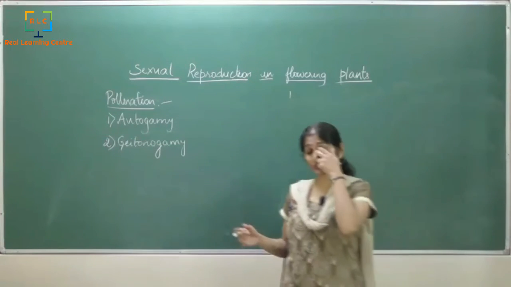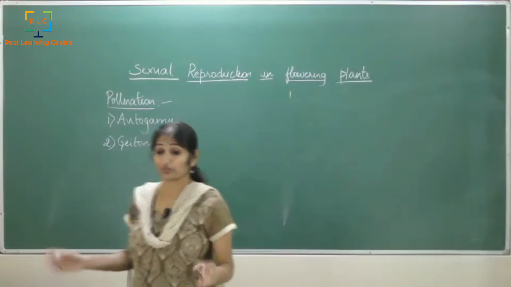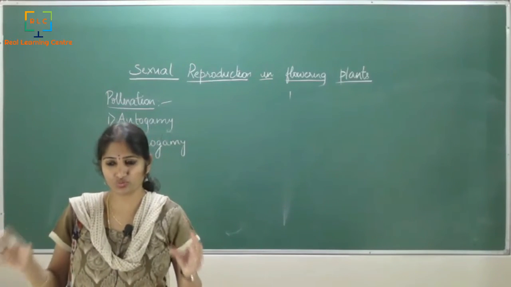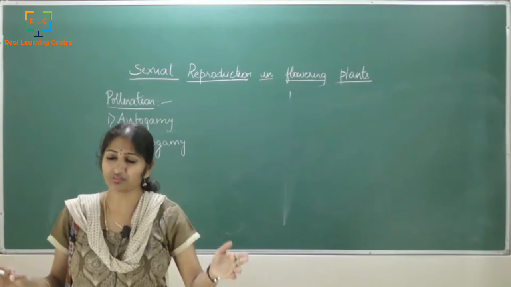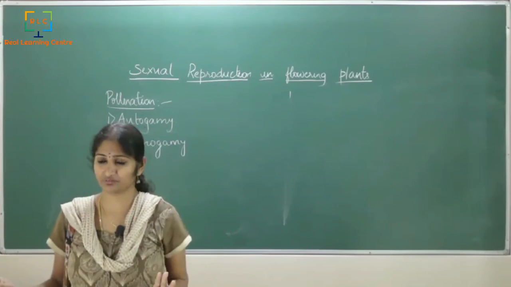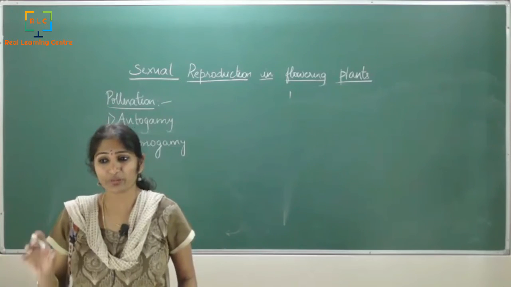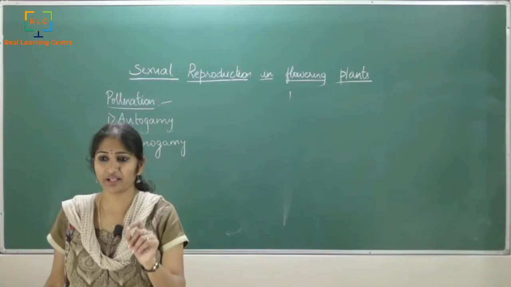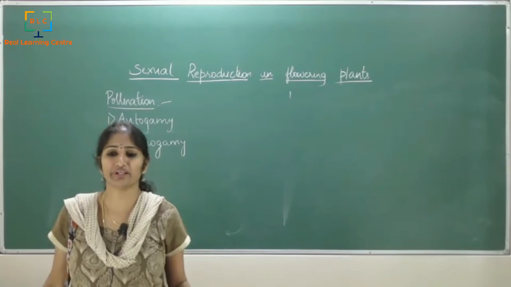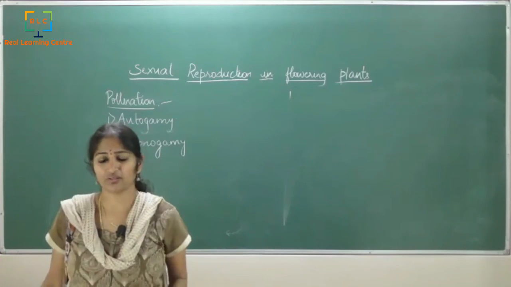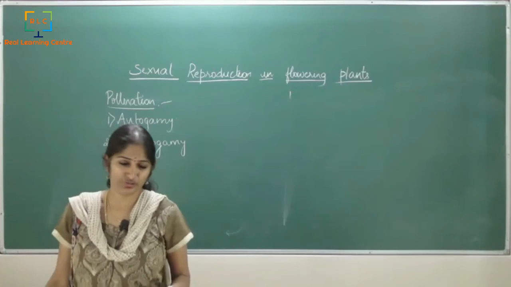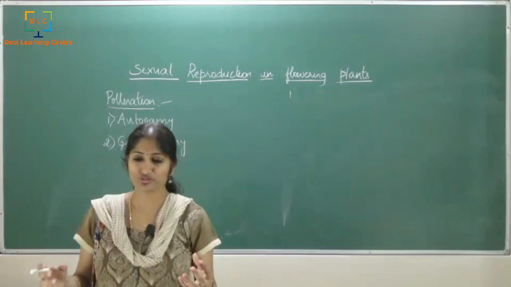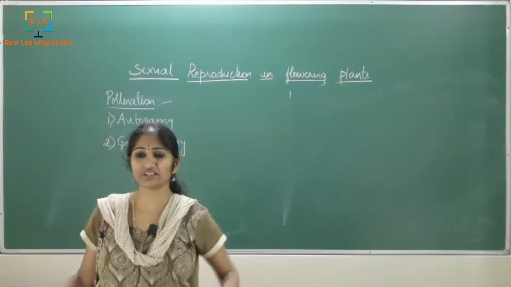They might have both the sexes present in them or there might not be, but whatever, there are two flowers, and the anther of one flower goes and falls into the other flower. Now when we are talking about geitonogamy, it is always possible by the help of some kind of pollinating agent. Something should carry the male pollen grain to the female gametophyte, right? So it can be air, wind, which we will see later. So if there are two flowers involved, we call it geitonogamy.